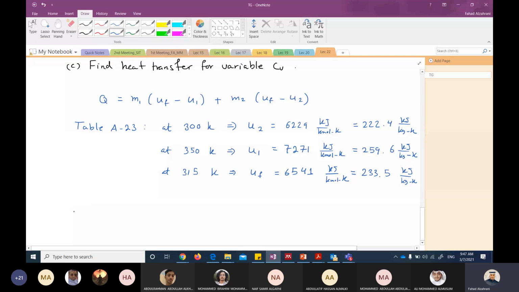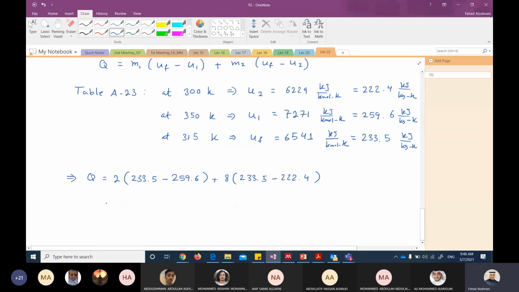Simply, now Q becomes 2 kilograms times (233.5 minus U1, which is 259.6) plus 8 kilograms times (233.5, the same, minus U2, which is 222.4).